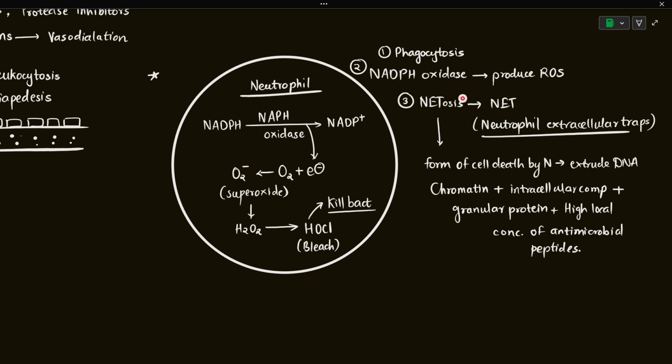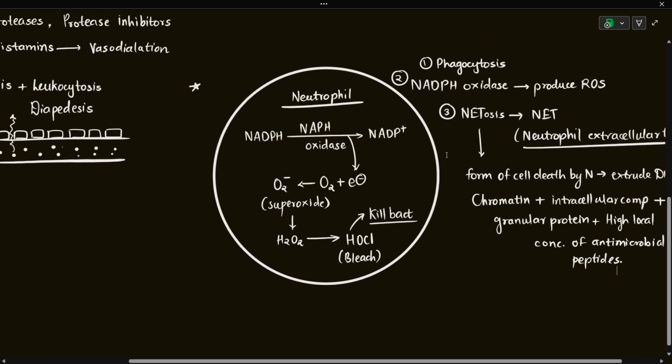This has been proved in vitro, but in vivo evidence is not there yet. I haven't read the literature so much about netosis, but this is also a way by which neutrophils kill, and it has been seen in vitro. So these are the different ways by which the neutrophil is going to kill the pathogen.